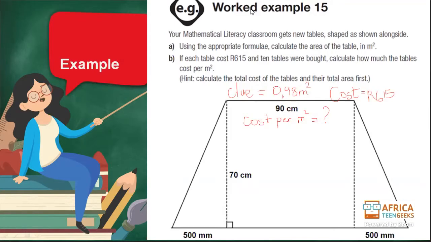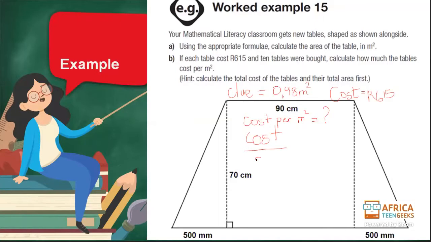Grace, I can see your answer. Tumeno, I can see your answer. Right, now let me see if you guys are correct. Now for cost per meter, remember, cost per meter actually means cost is on your numerator divided by area, right?